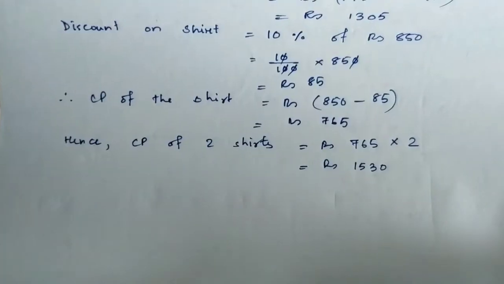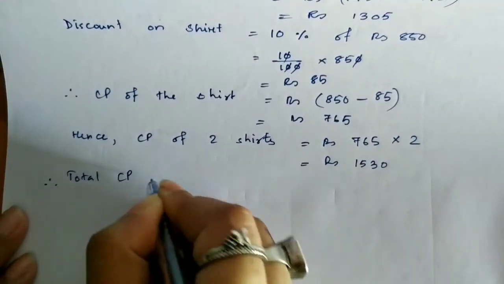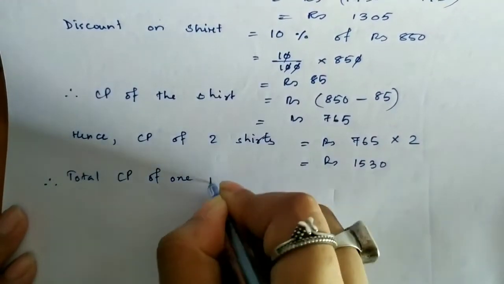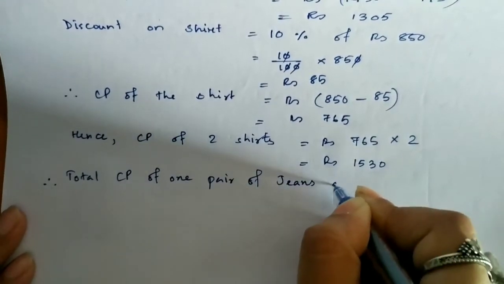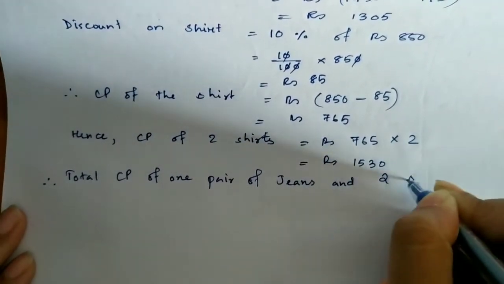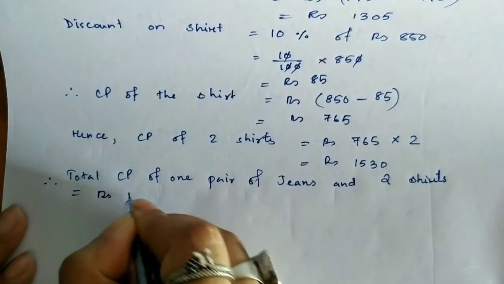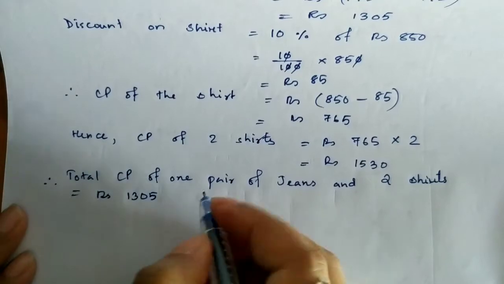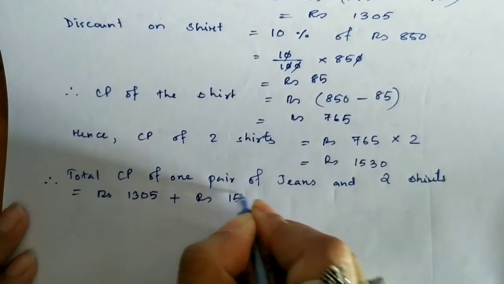Now how much will be the total cost price? Let's find that. Therefore the total CP of one pair of jeans and two shirts will be rupees 1305, that was for the jeans, and rupees 1530.